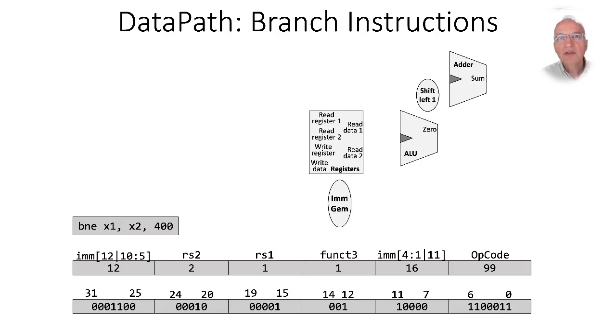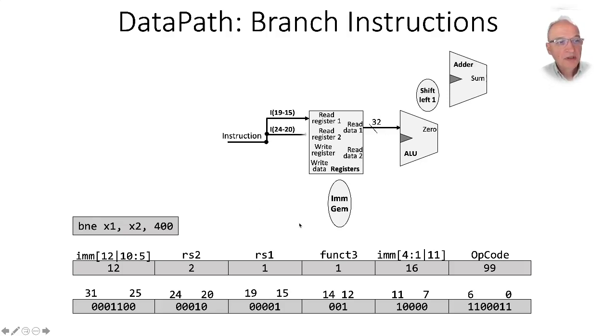Let's consider the execution of branch not equal. The other ones will be similar later. For the branch, I'm going to do something similar to what I did for the other instructions. I'll take the bits 15 to 19 from the instruction binary code, and specify that as the first register for my arithmetic and logic unit.